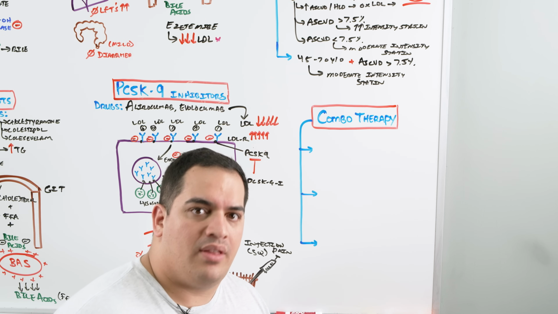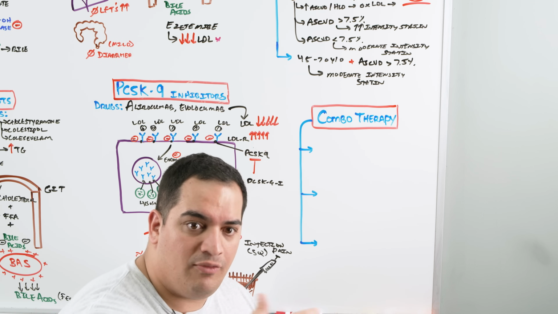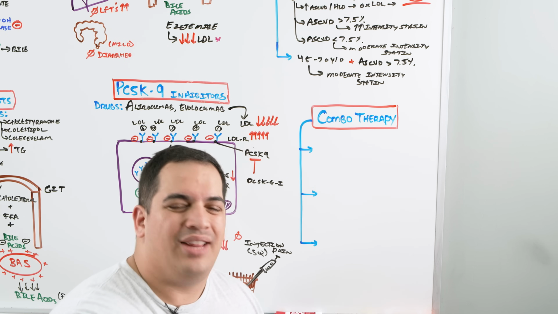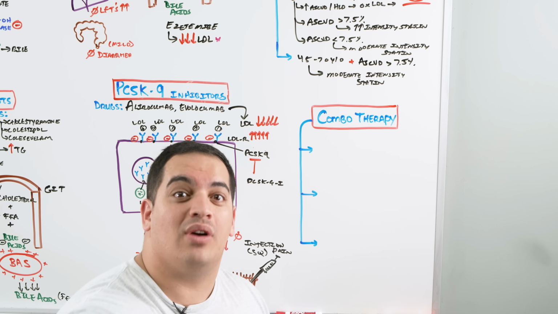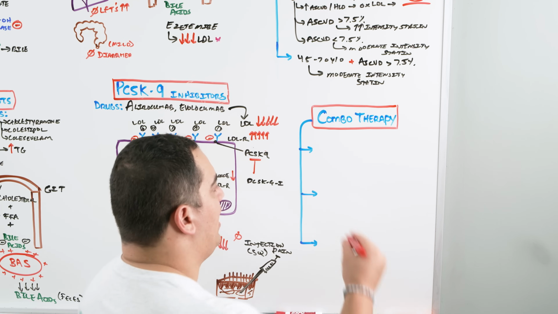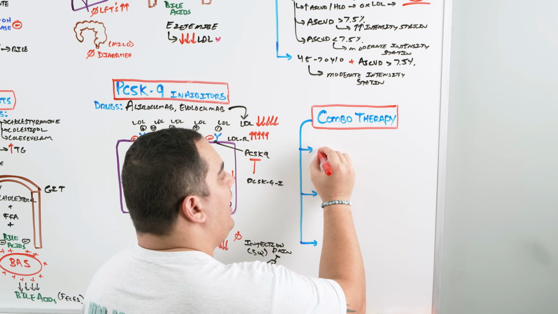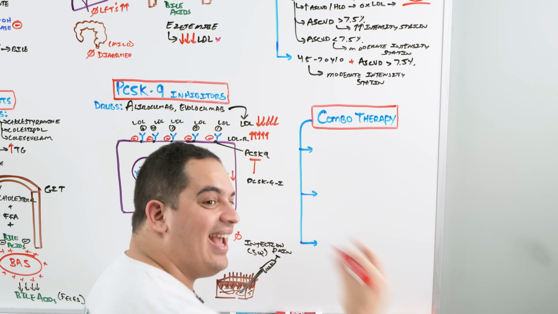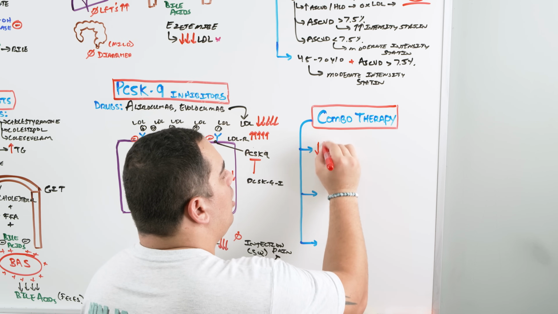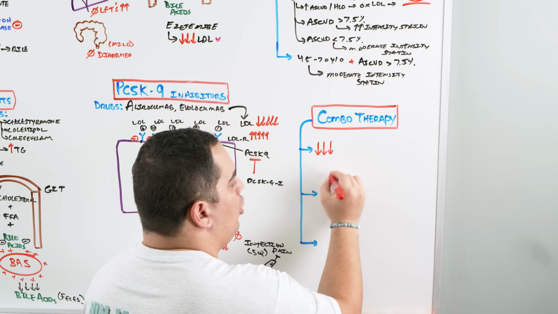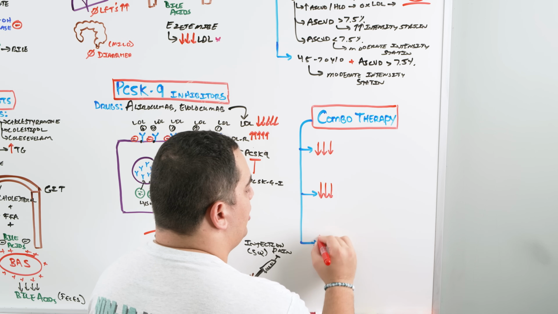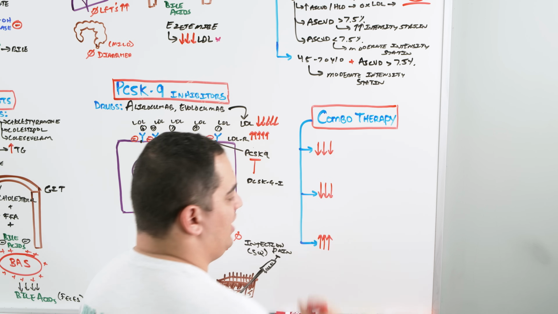So I think it's important to think about that if you have a patient who's on a statin and you maximize that without causing a lot of adverse drug reactions, and they're still not hitting that goal, then what drugs would I add on? Well, it depends. That's why I talked about the lipid profile so intensely. What if I have a patient who still has a high LDL? Then I want to think about which drugs really lower the LDL, which drugs really lower the triglycerides, and which drugs really increase my HDL.